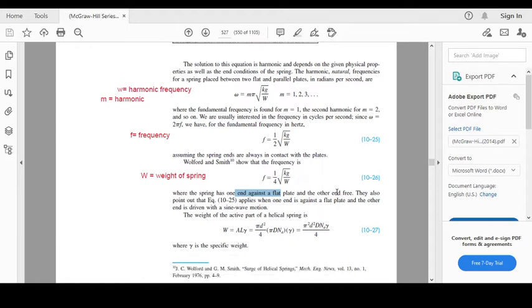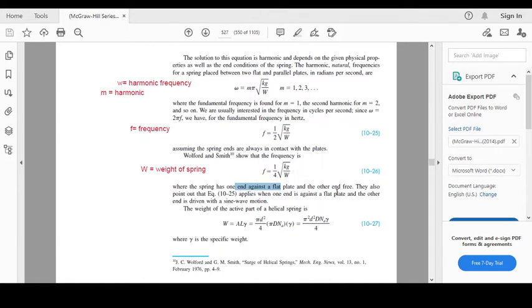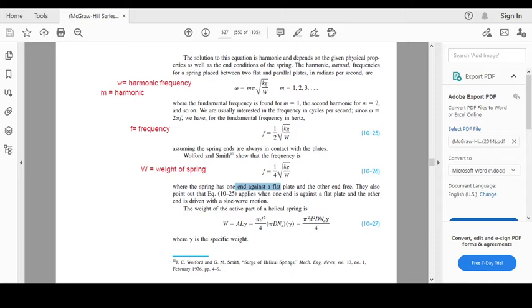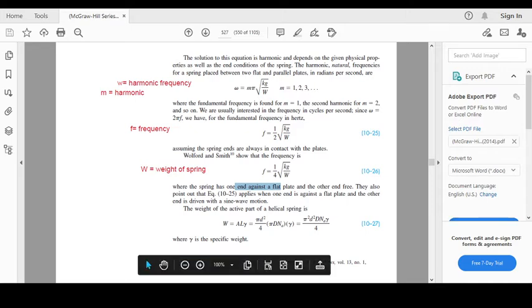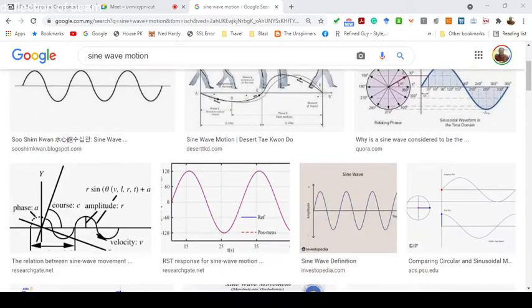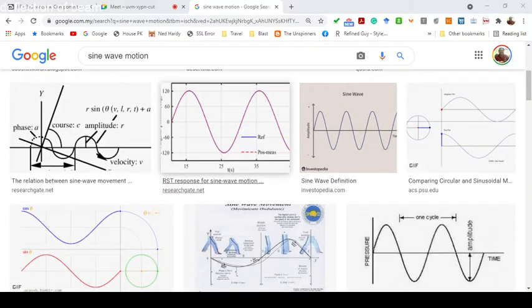They also point out that equation 10.25 applies when one end is against a flat plate and the other end is driven with sine wave motion. For those who don't remember, this is a sine wave motion, the sine equation.